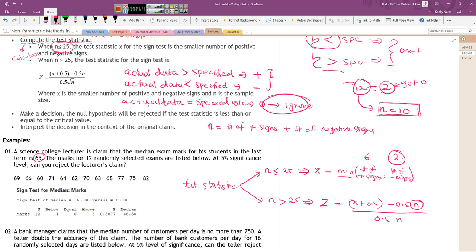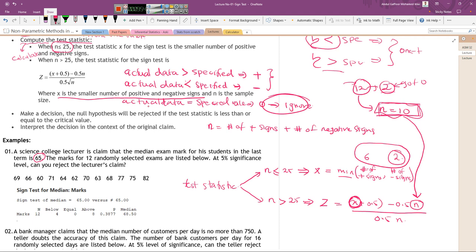Even if we originally have 12 observations, after finding n as 10, you have to substitute this n here. At the same time, this x is the smaller number of negative or positive signs.